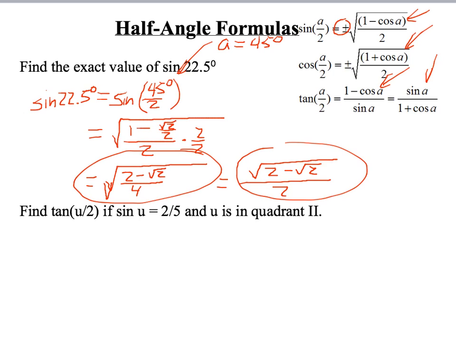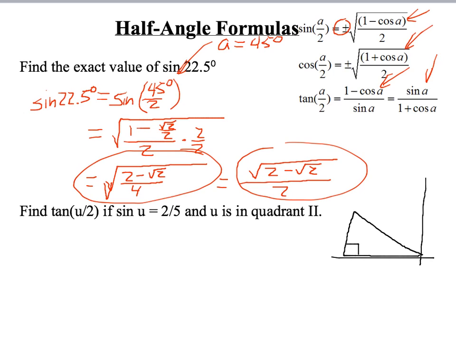Let's finish off with the last one here. Find the tangent of u over 2 if the sine of u is 2/5 and u is in quadrant 2. I'm going to go back in and draw my triangle in quadrant 2, so I can use this triangle to find all my trig values.